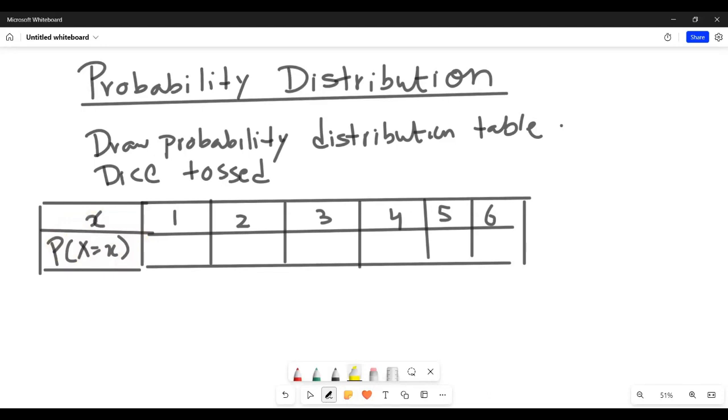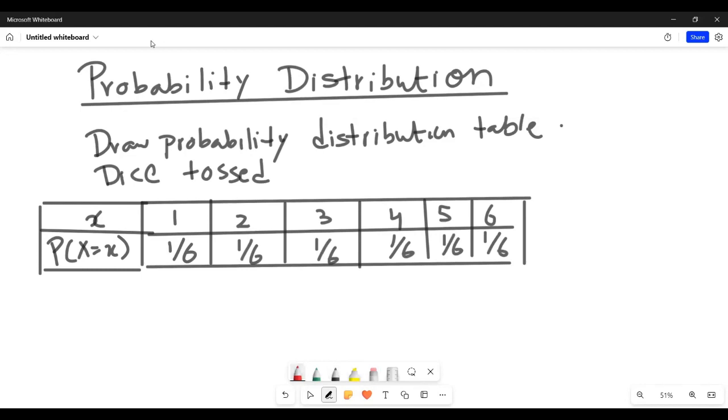Okay, so in the bottom row, we have to write the probabilities of getting each value. So what's the probability that you get a 1 when you throw a die? It's 1 by 6. Probability of getting a 2 when throwing a die is also 1 by 6, 1 by 6, 1 by 6, 1 by 6, 1 by 6.